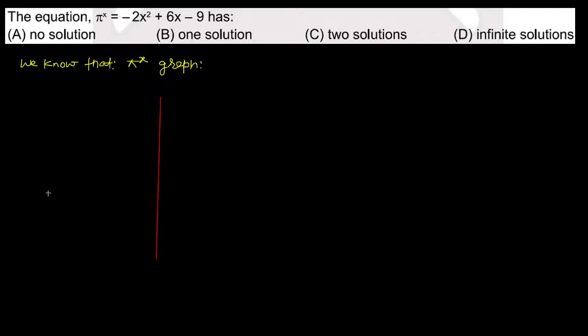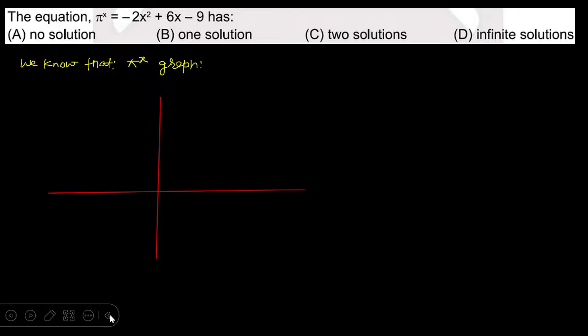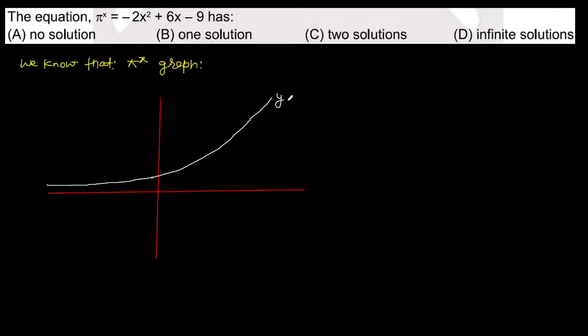We know that pi to the power x graph is somewhere like this.